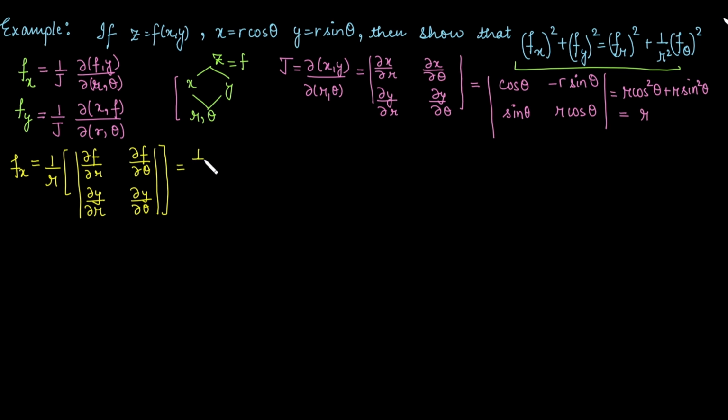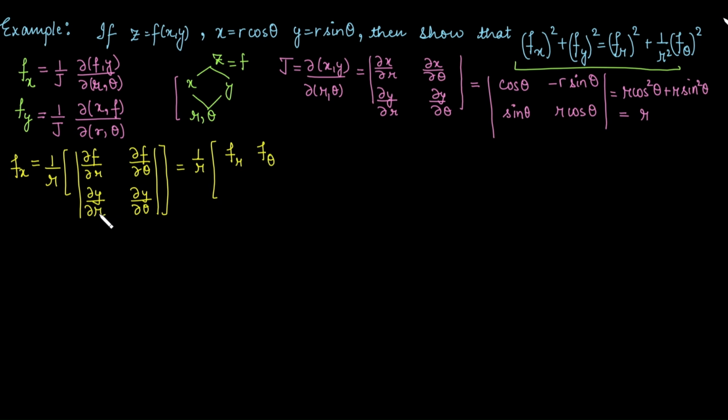This is equal to 1 by r. Partial derivative of the function with respect to r. As the function is not defined explicitly, we take this term as it is. We can write partial derivative of the function with respect to r, and here partial derivative of the function with respect to theta as it is.